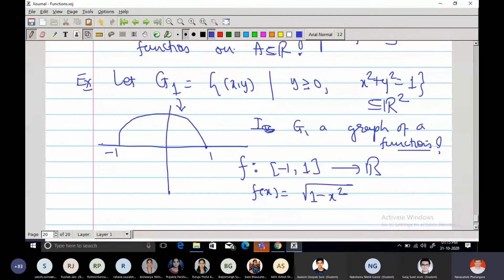And I am restricting my domain to minus 1 to 1 so that this is well defined, right? Because my domain is minus 1 less than or equal to x less than or equal to 1, and therefore x squared is less than or equal to 1, and therefore 1 minus x squared is greater than or equal to 0, not negative. So the square root is well defined. Am I right?